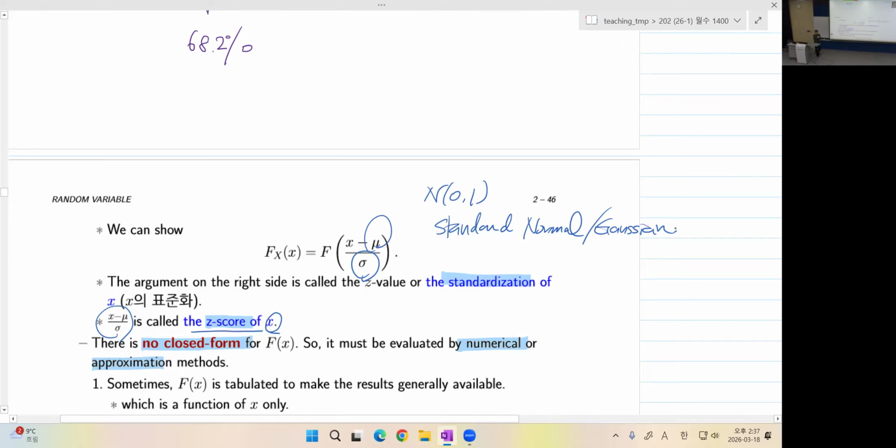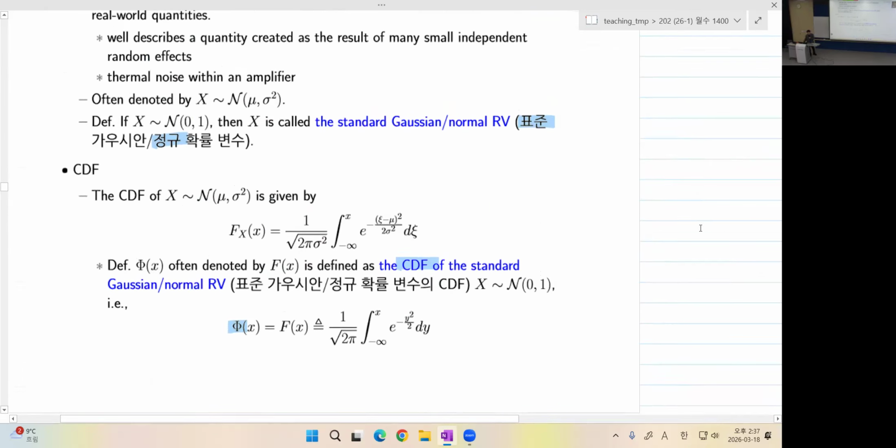And from the standard normal or standard Gaussian, every Gaussian random variable can be computed, when you want to compute the density function or CDF, by the change of variable in this way. And an interesting thing is this one. The CDF of the Gaussian random variable with two parameters mu and sigma squared actually does not have a closed form.